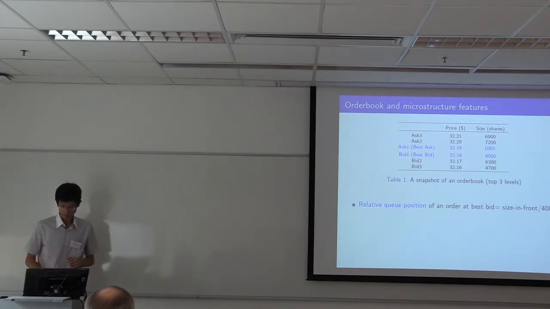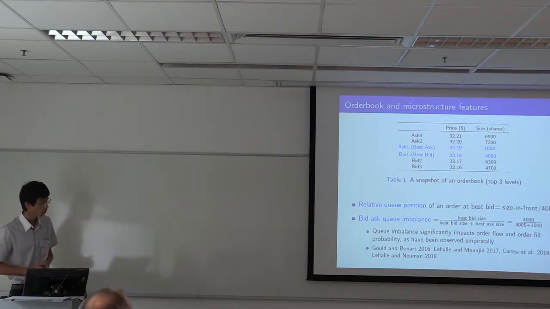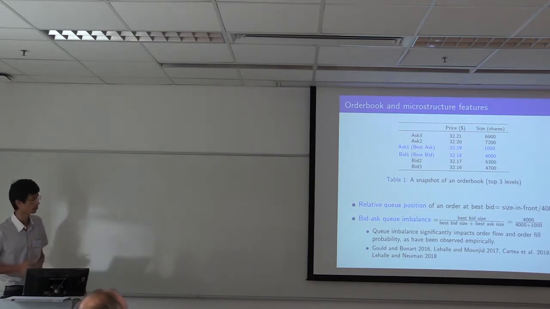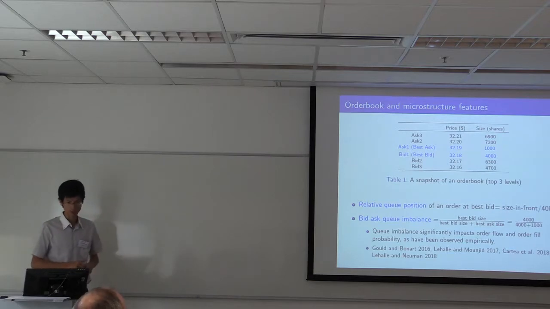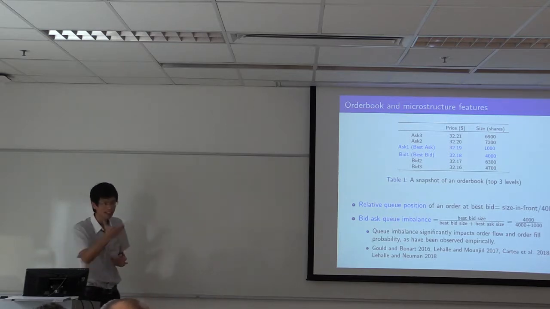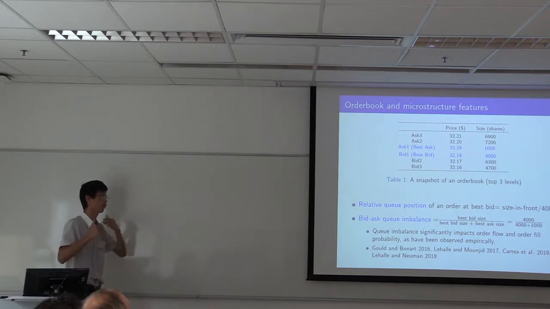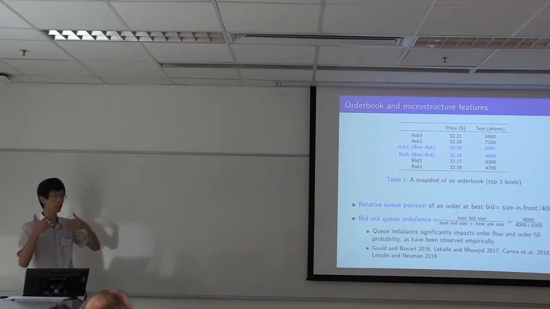Another microstructure feature that is more subtle but also important is called the bid-ask queue imbalance. There are different equivalent definitions of this quantity, but it basically measures the difference between the sizes at the best bid and the best ask.